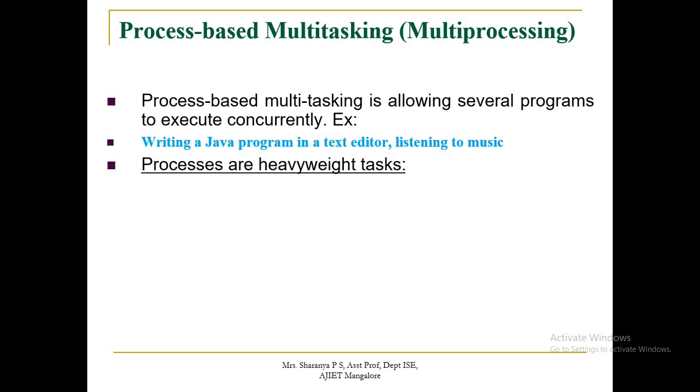These processes we normally call heavyweight tasks. What is this heavyweight task? Suppose there are two different processes. One is processing with the browser, and one more is used for music. Here we could see two different processes are currently running.